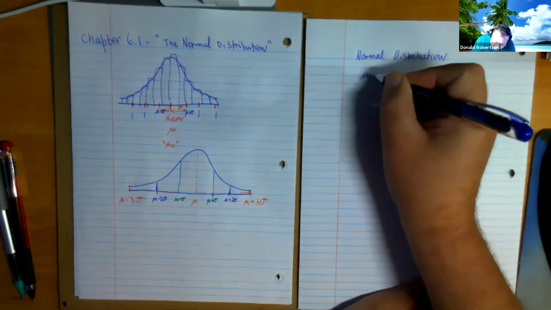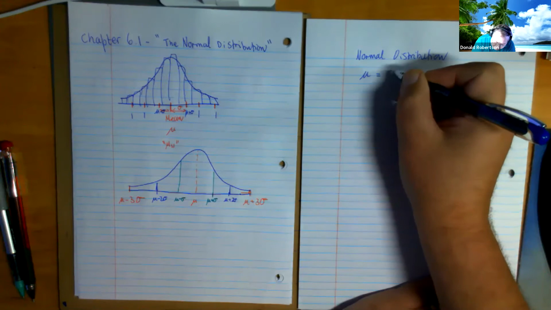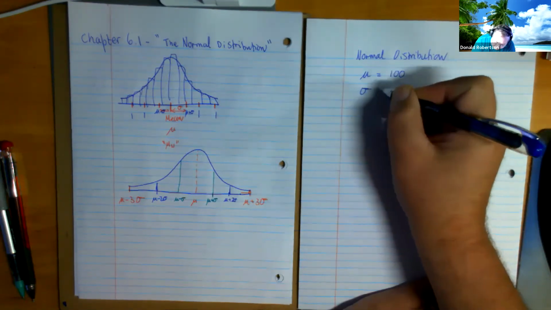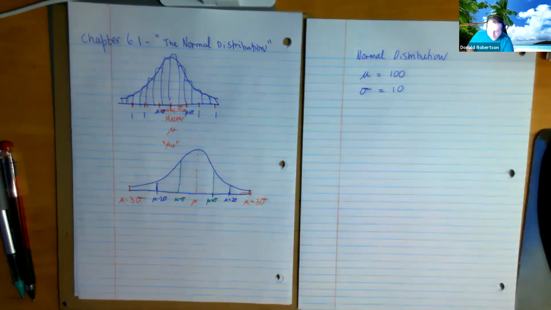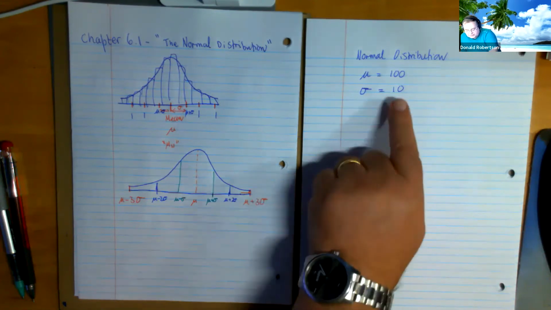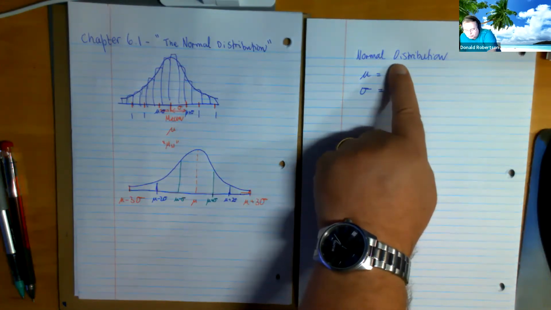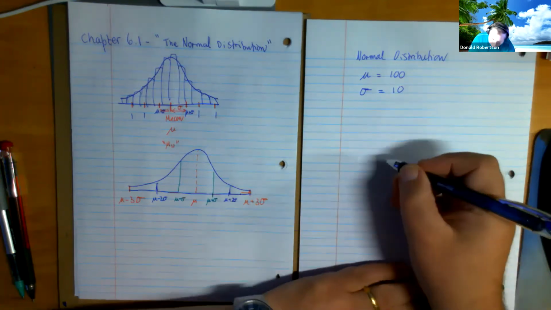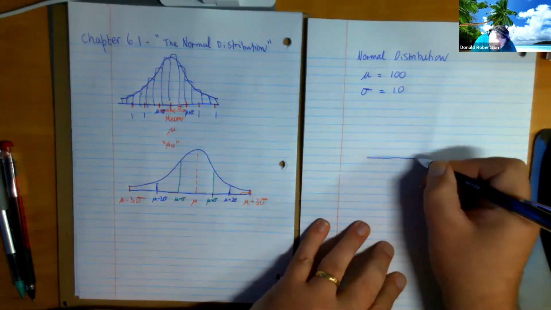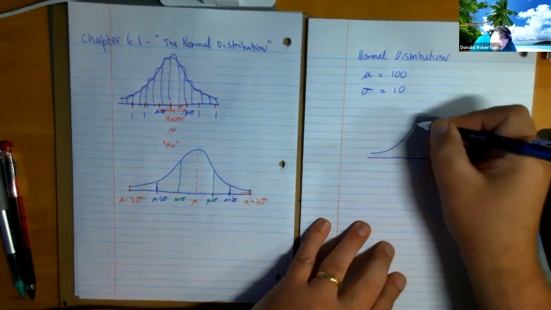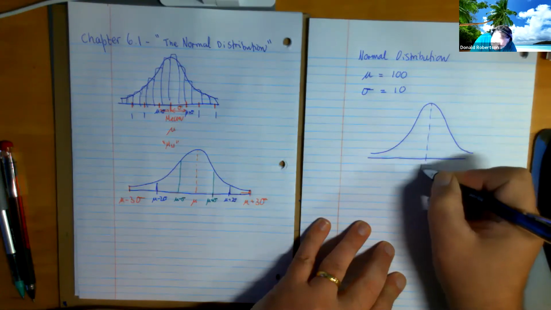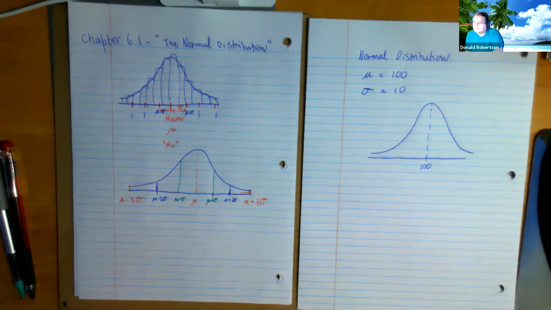So suppose I have a normal distribution. Let's say the mean is 100 and that the standard deviation is 10. And I wanted to draw what that distribution would look like, even although I've only been told that it's normal and I'm being told this value and this value, we can do a pretty good representation of what it would look like. Draw that picture like that. Right in the middle, that would be at 100.